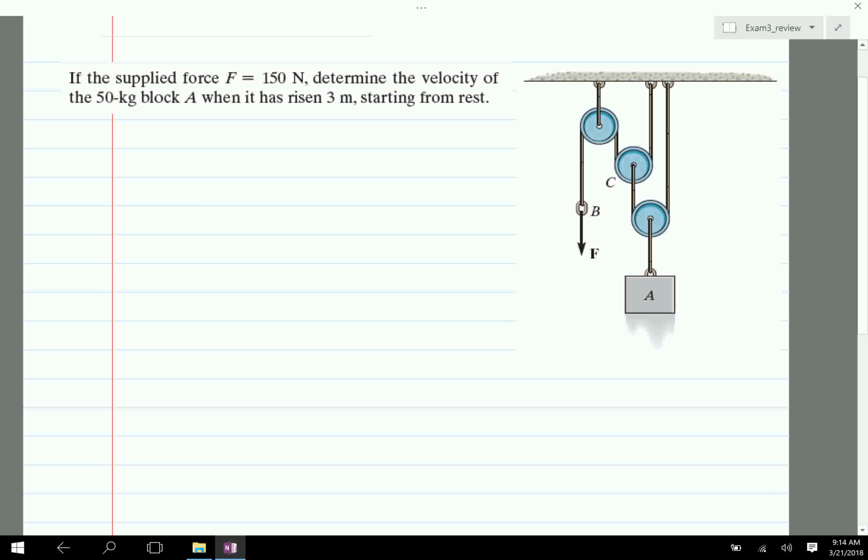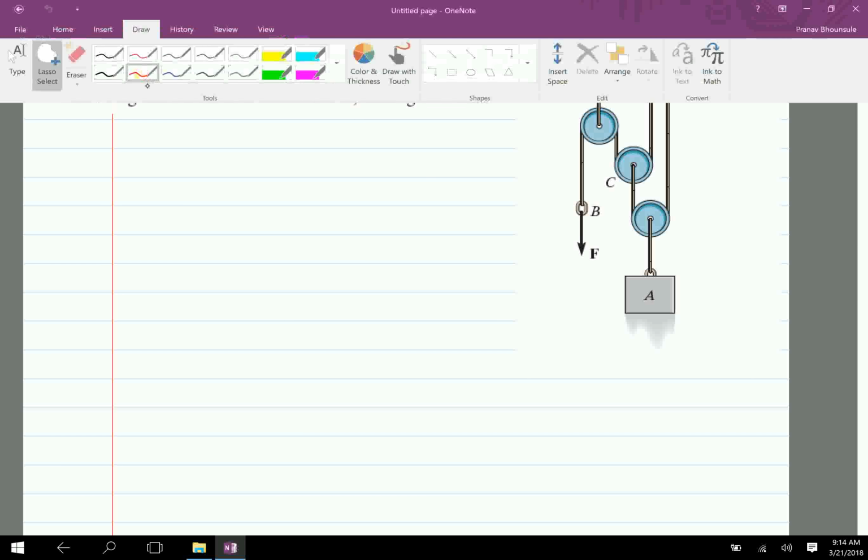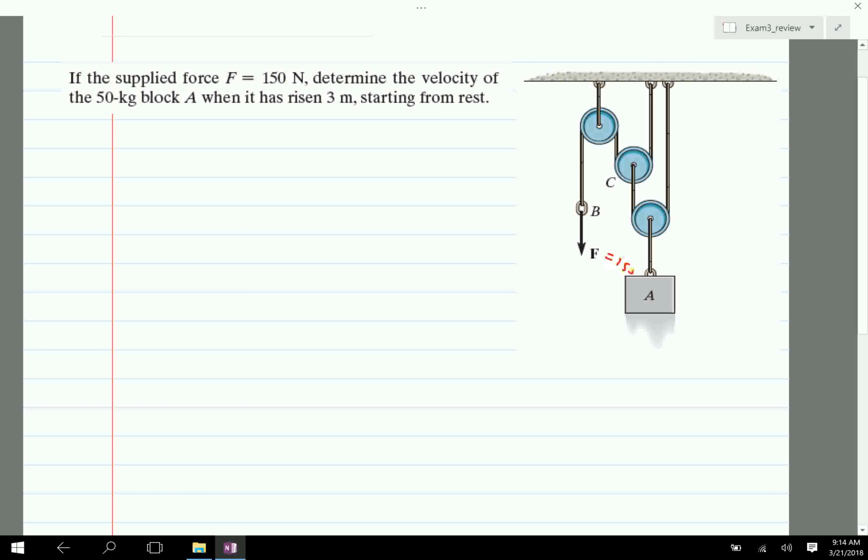Okay, if the supplied force F equals 150 newtons, determine the velocity of the 50 kg block when it has risen by a distance of, so delta S is 3 meters. Initial speed is 0.